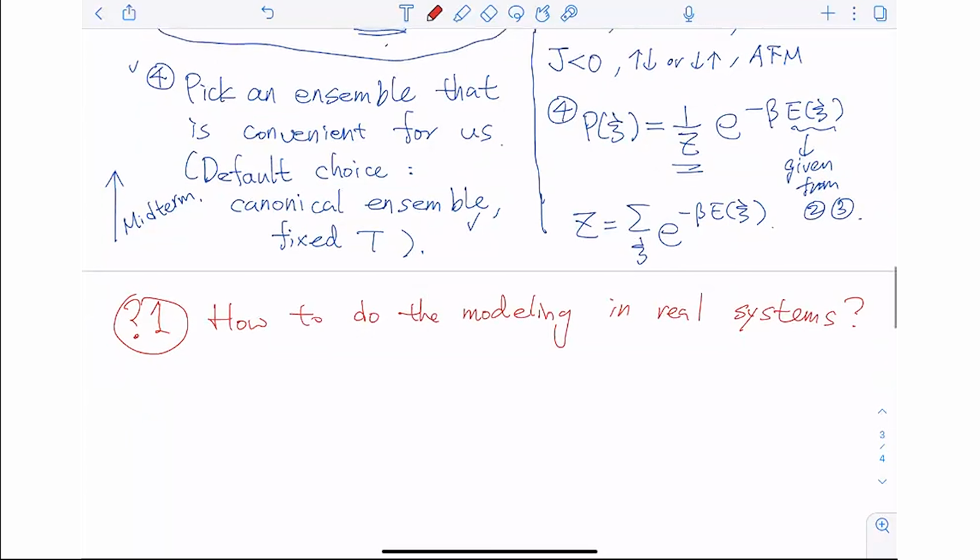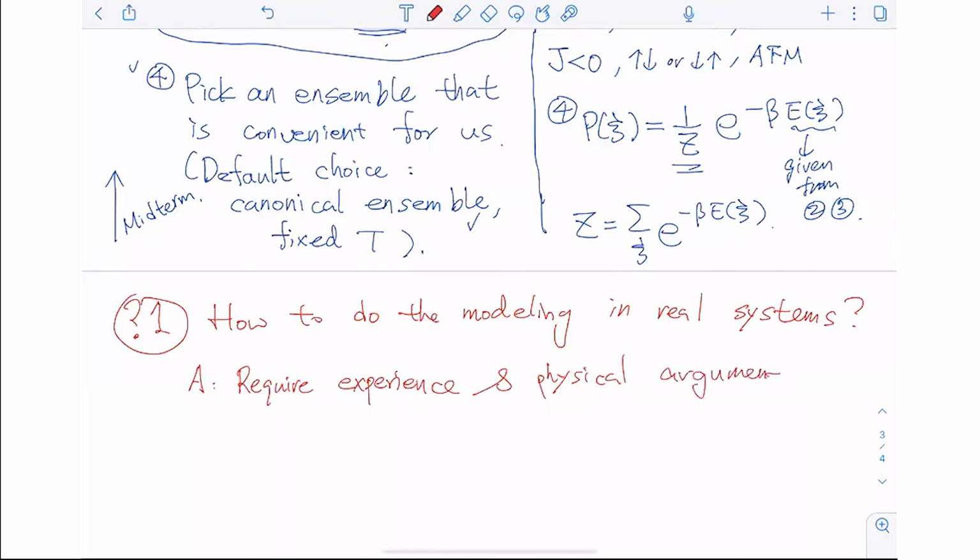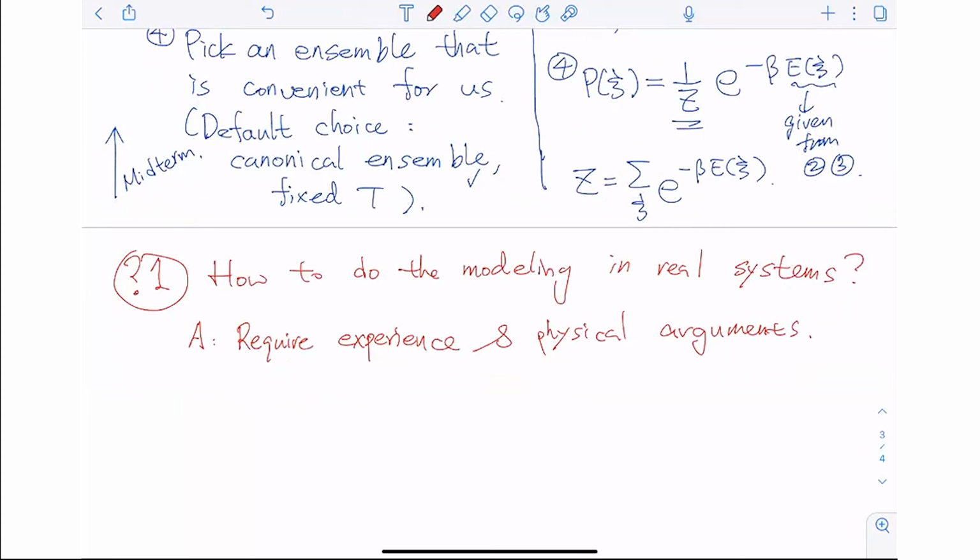It turns out usually it requires some experience and some physical arguments, and most importantly, guess.